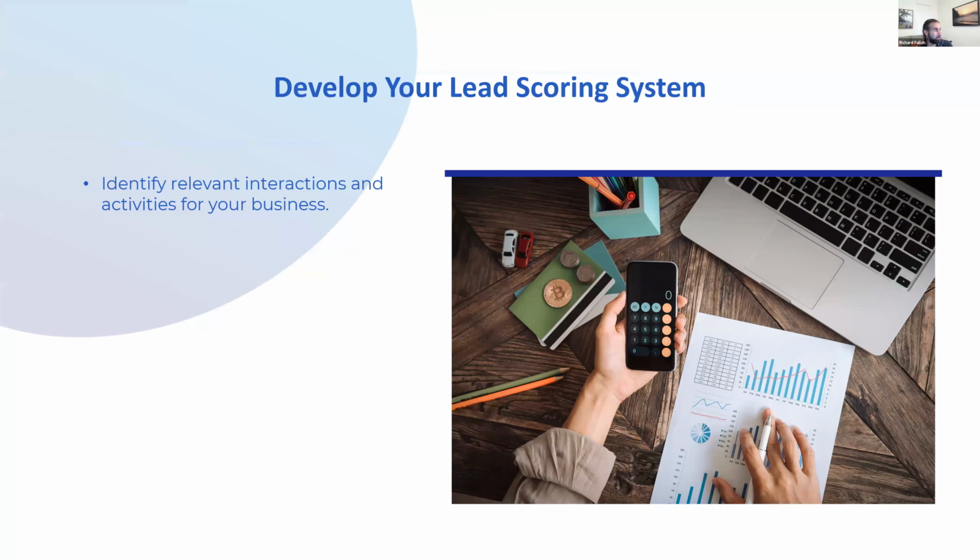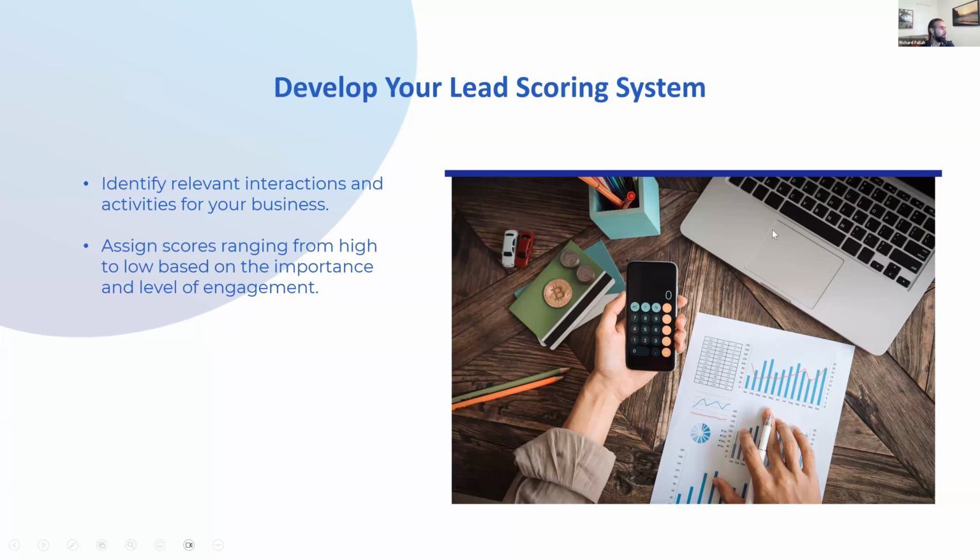So identify the relevant interactions. You can use that sample sheet that I shared with you and start there. And identify the lowest scoring items, like homepage visits is low score. Maybe spending a minute on the website is a good score, but still low. And then just go up in importance, right?